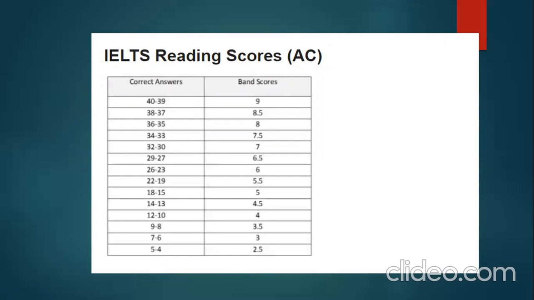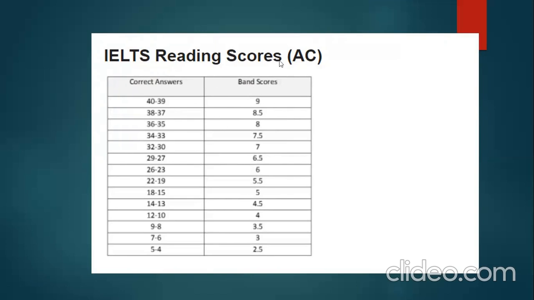The tips are all the same. It's just that the academic reading is more lengthy and time-taking, with more academic articles, while in general training you'll find newspaper articles or small paragraphs. But reading is just the same. You have to learn how to skim, scan, and look for the details.